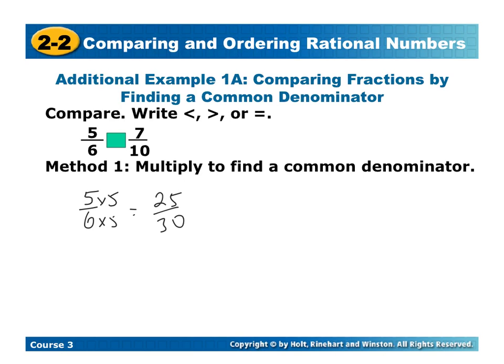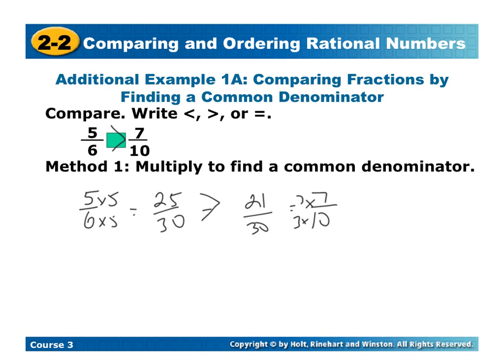And I'm going to do the same thing with 7 tenths, except here I'm going to multiply each by 3, and then I get 21 over 30. So here, 25 is greater than 21, so 5 sixths is greater than 7 tenths.